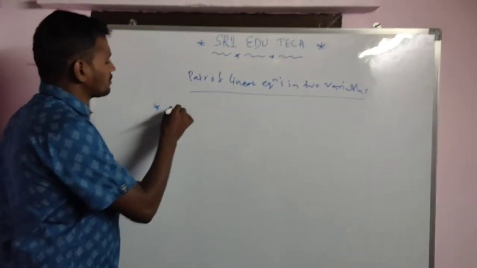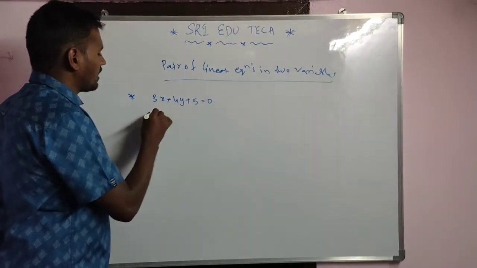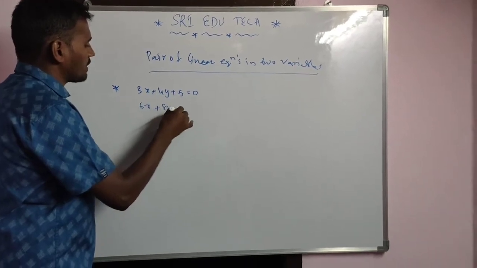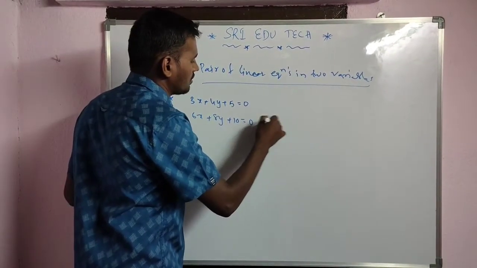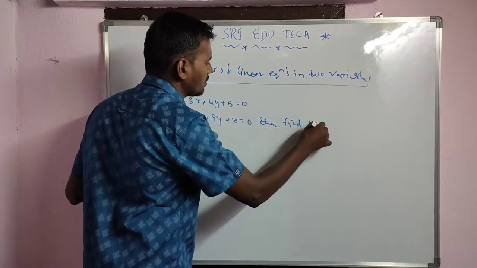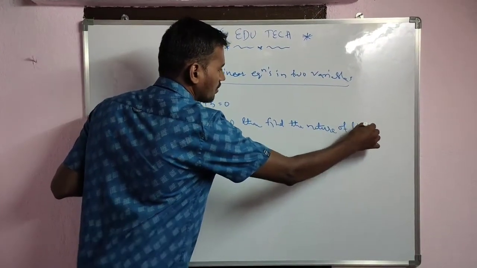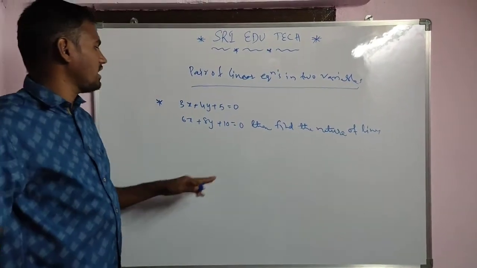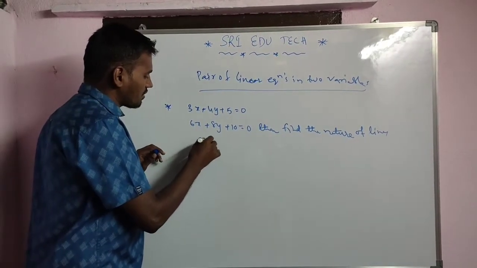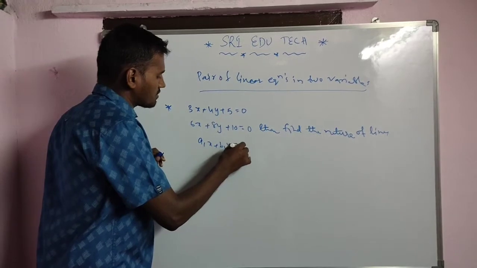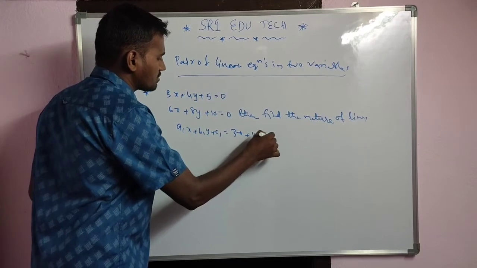Suppose 3x plus 4y plus 5 is equal to 0 and 6x plus 8y plus 10 is equal to 0. Find the nature of lines. The given pair of linear equations, write down like this: a1x plus b1y plus c1 is 3x plus 4y plus 5 is equal to 0.